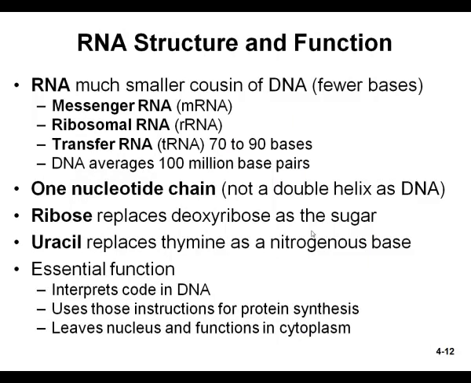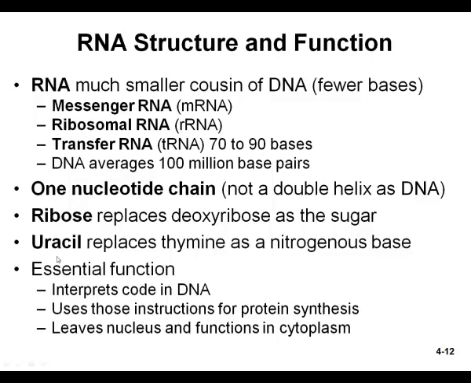RNA will differ slightly from the DNA. It still contains base, sugar, and phosphate, but the sugar here is different. It's a ribose instead of the deoxyribose. And the base, we still have the C, the G, but instead of the thymine we will have uracil.